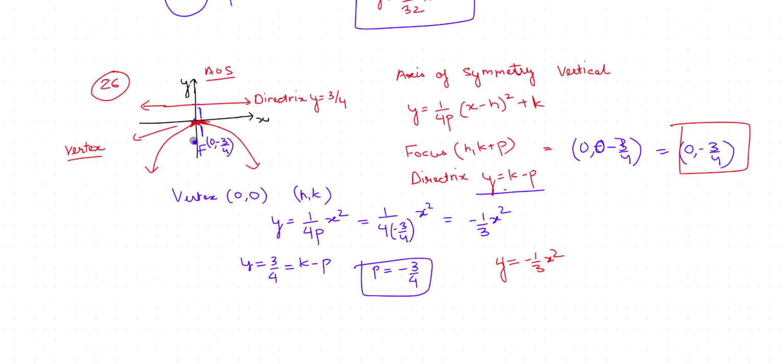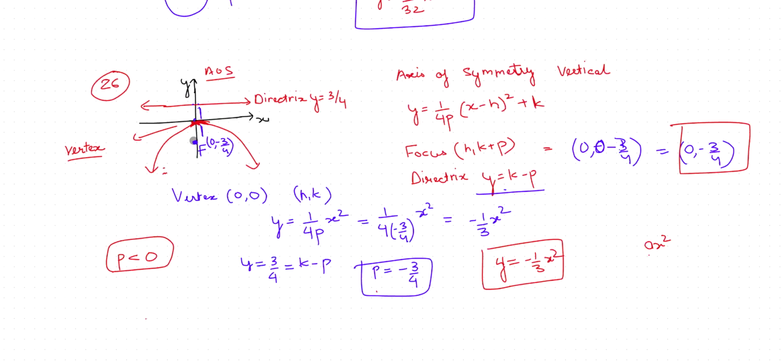Also, when we see the parabola y equals ax squared, which we did in the last class, if a is negative, the parabola opens downward. We can also see p is less than 0, and when p is less than 0, the parabola opens down.